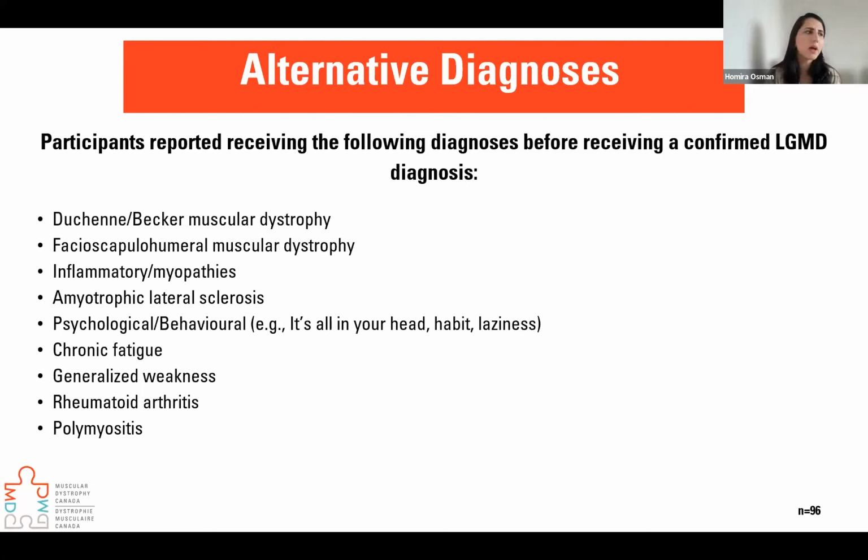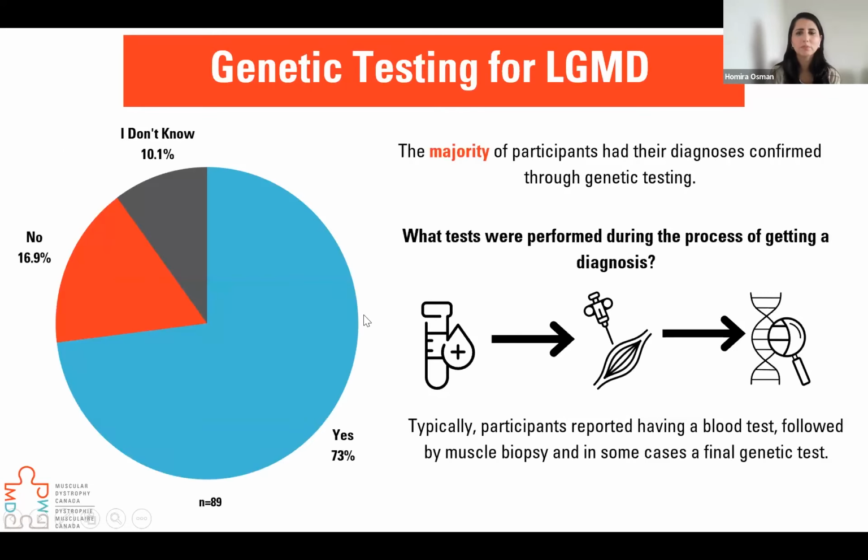But there were also some other conditions or behaviors that were mentioned by healthcare professionals. People received comments like, it's all in your head, or it's a bad habit you're going to have to kick in terms of toe walking, or you're a lazier walker or a clumsier walker, were some of the comments made to people ahead of a formal diagnosis.